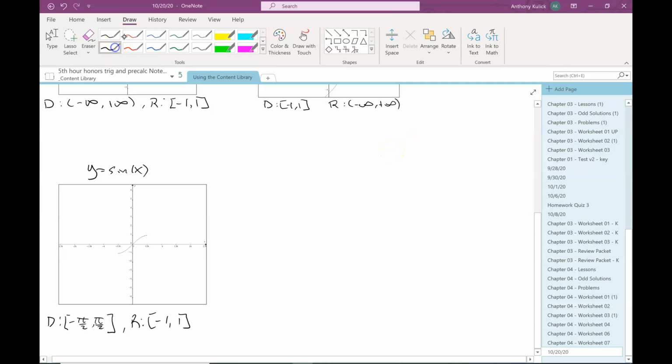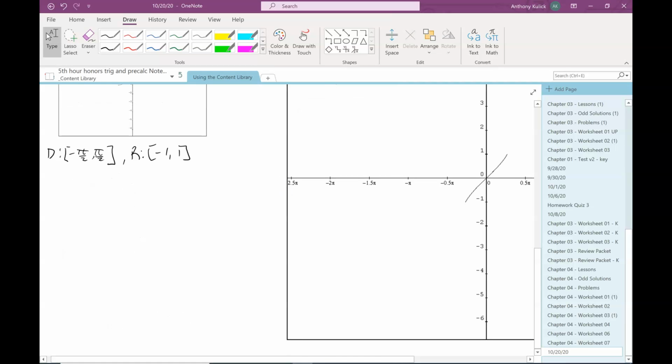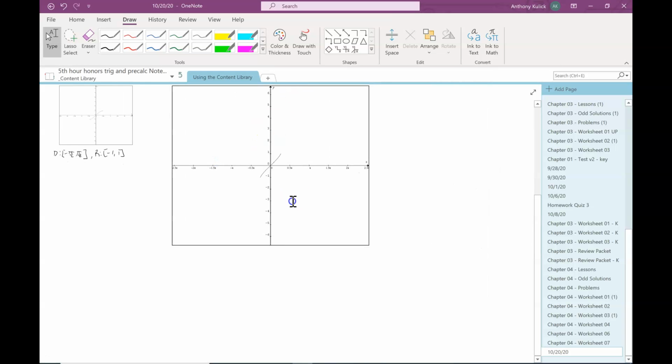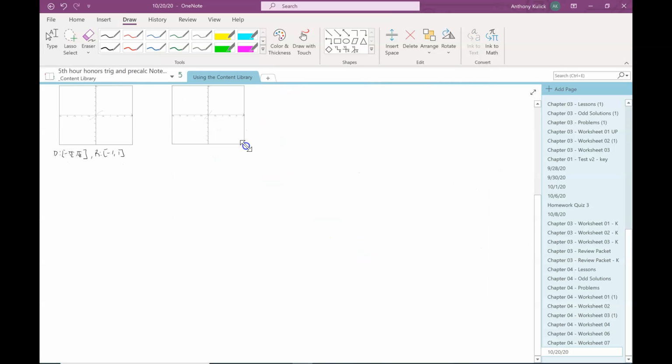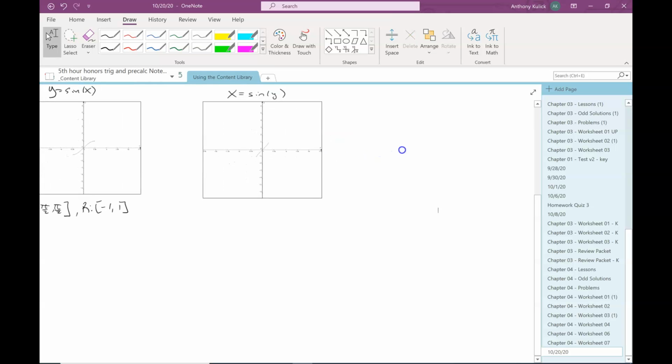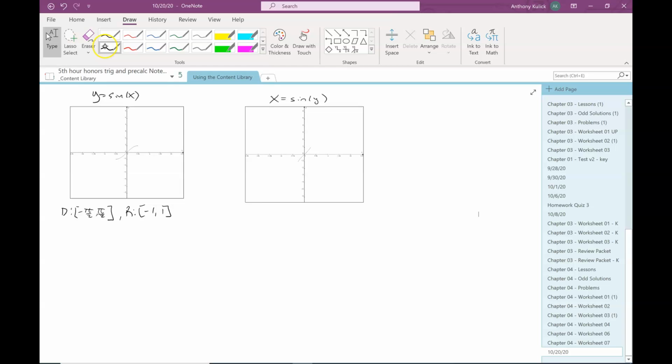So when we do that, then our new inverse there now looks like this.